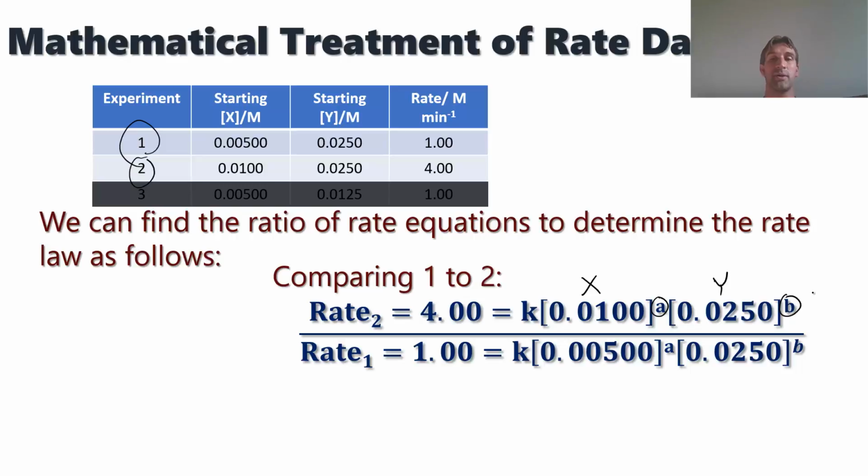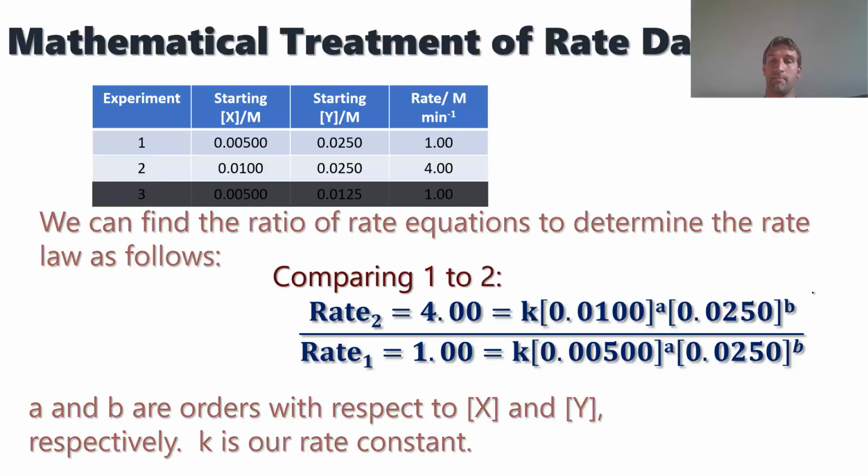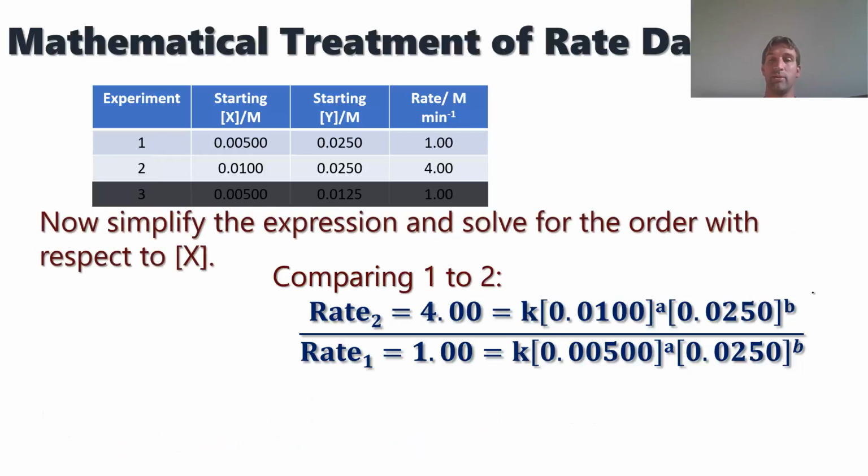Well, what's nice about this is we can simplify the expressions. If you have any number divided by itself, you know that that ends up being 1. It cancels out. So we can do that by crossing off a couple of values. Here, we can cross off our 0.250 raised to the B with the other 0.250 raised to the B. Also, we'll cross off our k values.